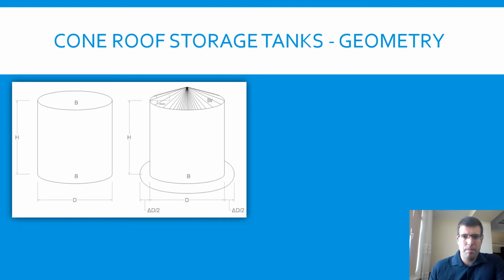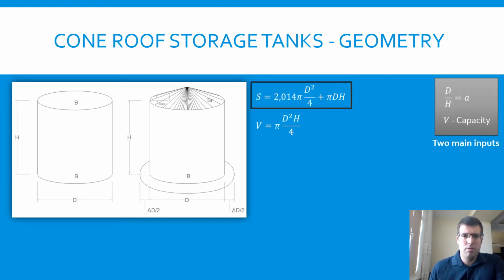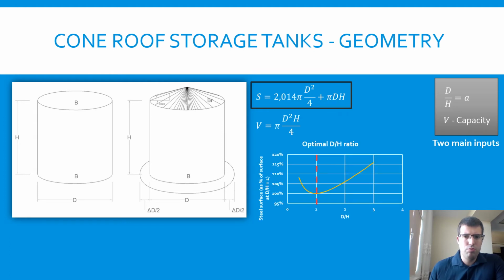So the goal here was to identify how the steel surface utilized, and therefore the weight of steel utilized, behaves with a selection of different diameter and height ratios. This ratio is quite important, and we'll be coming back to it multiple times during the presentation.